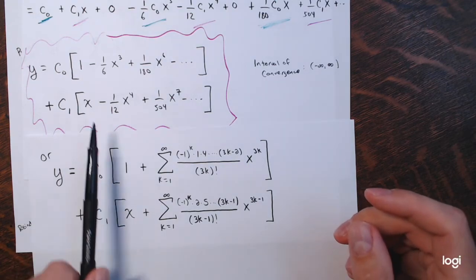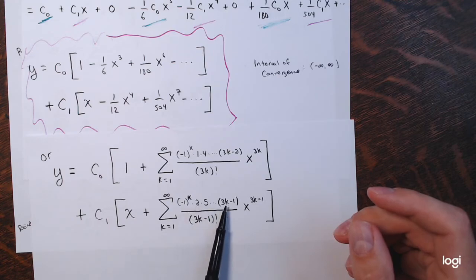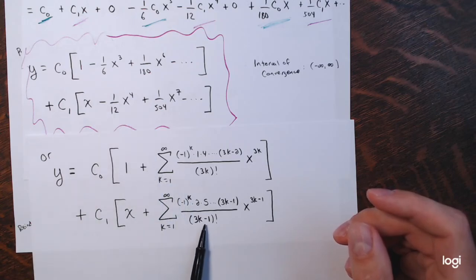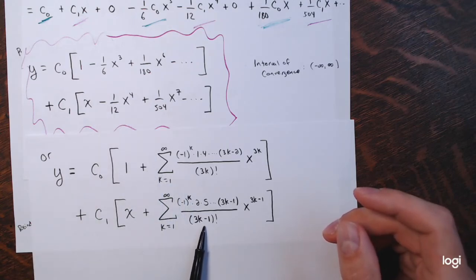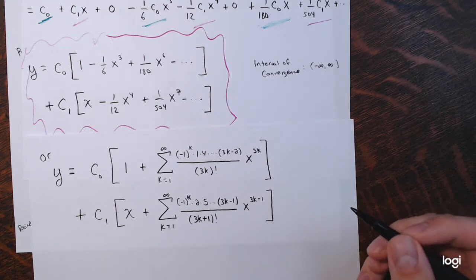So you have the x there, and then when k equals 1, this is negative 1, and then this multiplication pattern stops at 3 times 1 minus 1, so it stops at 2, so you have the times 2 in the numerator divided by, oh, sorry, it was 3k plus 1 factorial down there that I wrote.